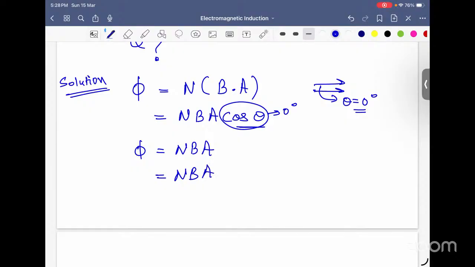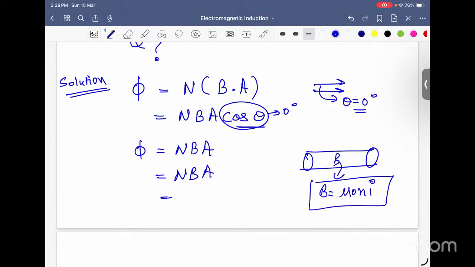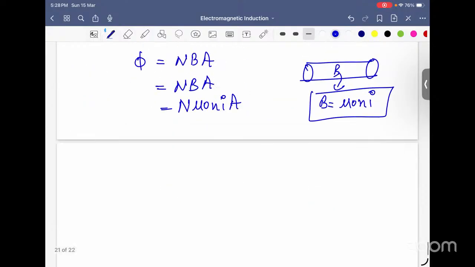At the center of the solenoid, the magnetic field is mu n I, and the area is pi r square.